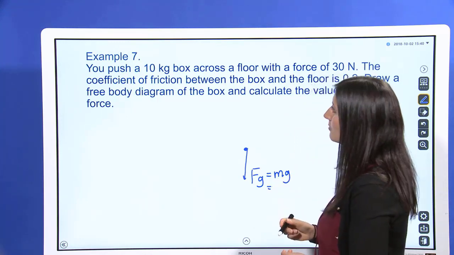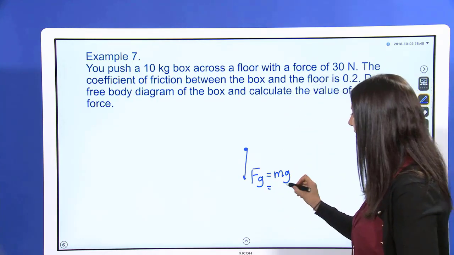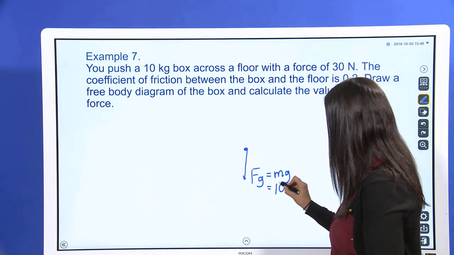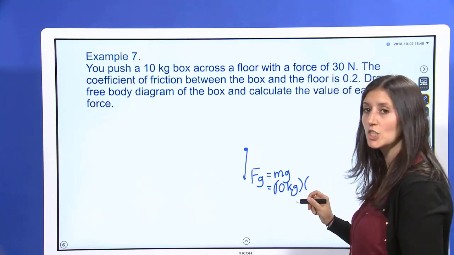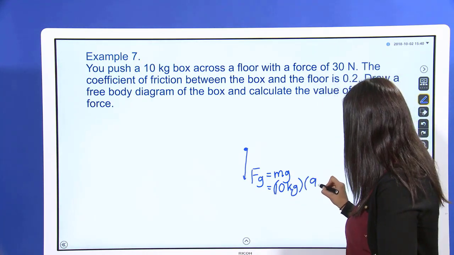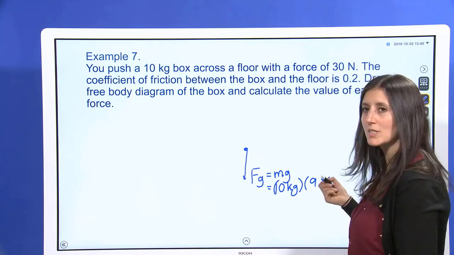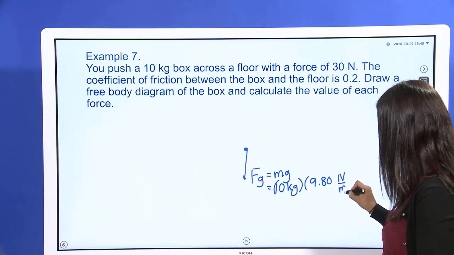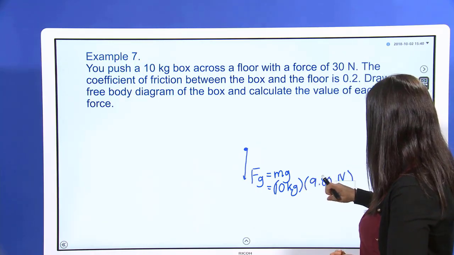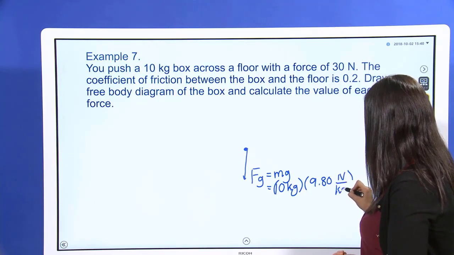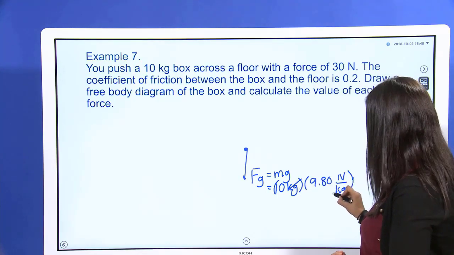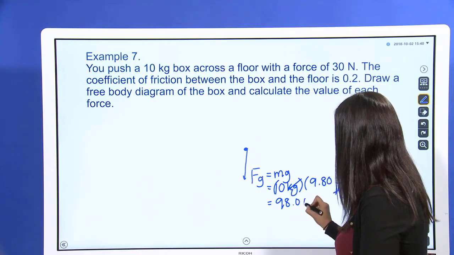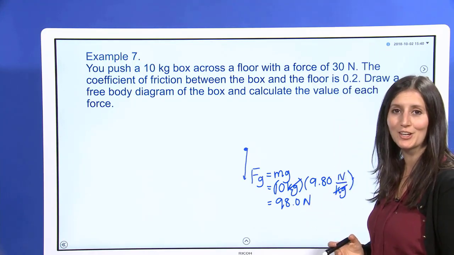M is the mass of my object, so in this case my 10 kilogram box has to be in kilograms, and g is my gravitational constant, which is always 9.80 meters per second squared, or newtons per kilogram. My kilograms cancel out, and I end up with 98.0 newtons, just like my 10 kilogram dog.